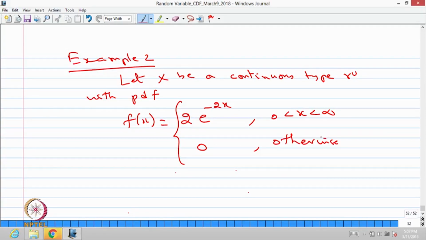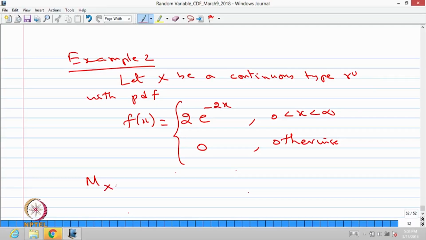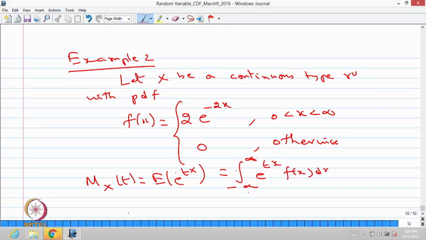This is the same example which we took earlier for finding the mean and variance. Now we are finding the MGF of the same random variable. That is the expectation of e power t x, the same as the integral from minus infinity to infinity of e power t x f of x dx. Here we are working with the assumption that the expectation of e power t x exists, then we find the MGF.